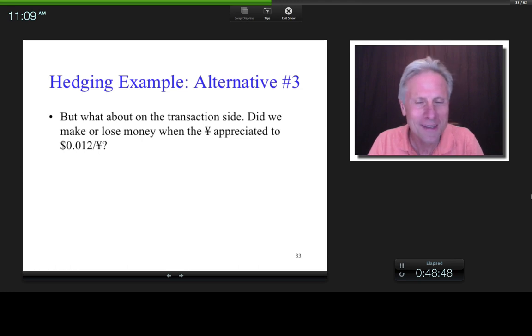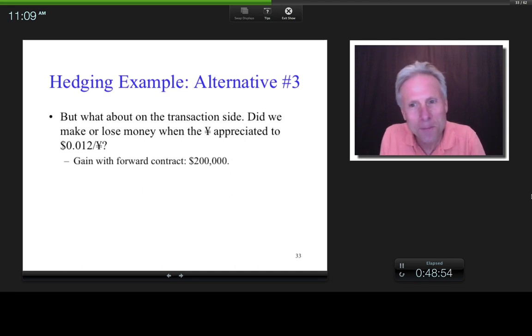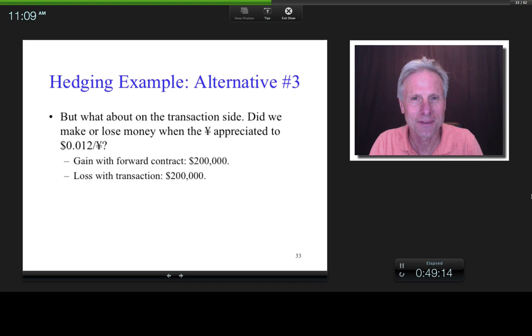So if we put it all together, when the yen unexpectedly appreciated, we made money on the forward side, 200,000. We're going, yay, boy, I'm glad we locked in only paying $1 million for that 100 million yen, because if we had had to go to the open market, we would have had to come up with how many dollars? $1.2 million, right? But then on the transaction side, we lost 200,000.